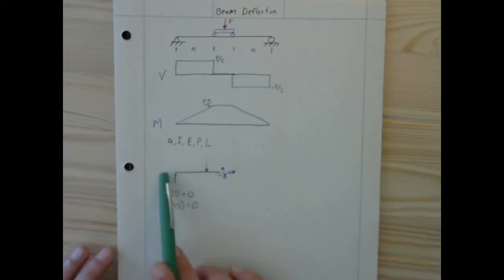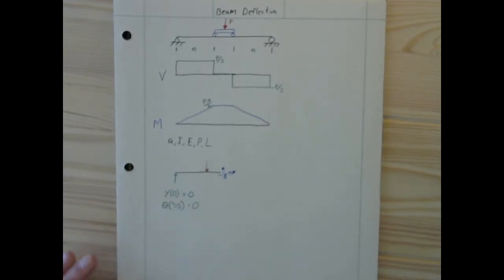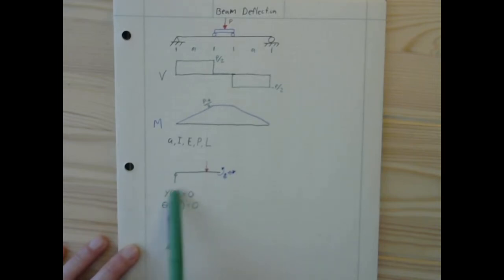And you'll be able to solve for that because of this, and then you'll have another constant of integration owing to integrating again to get to your deflection equation, but that'll be taken care of by this. So you only need these two to get all of your equations done.